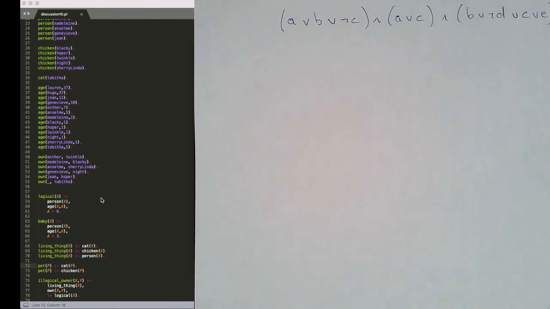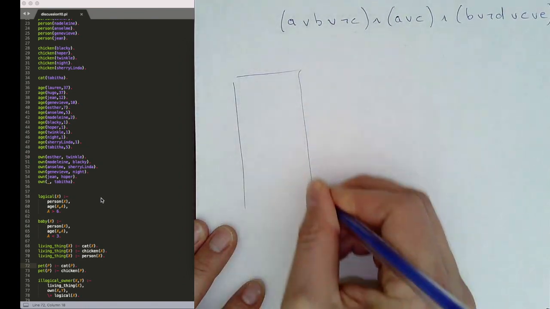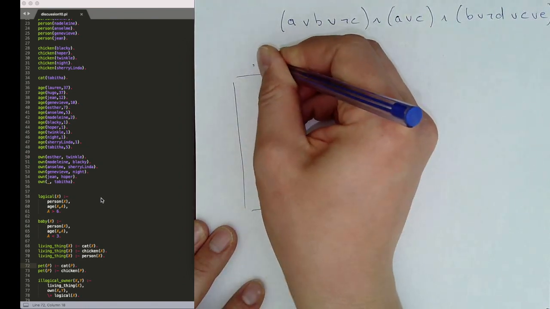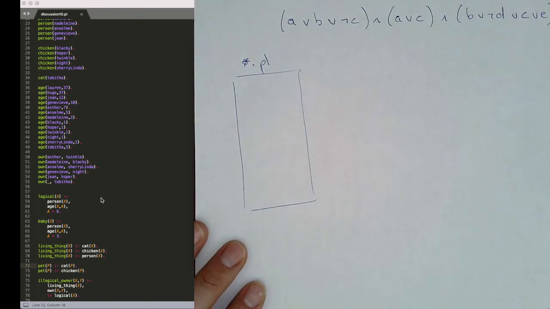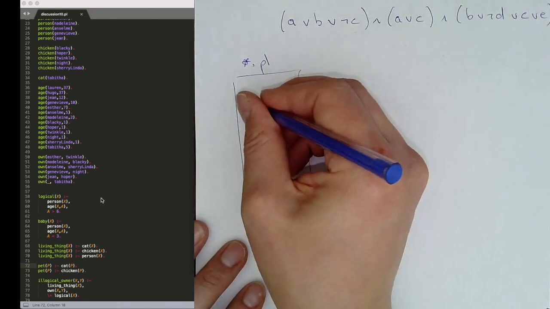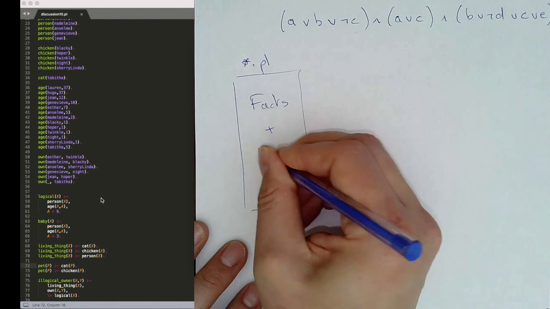So Prolog basically consists in a program, right? You have a .pl file, and this file is composed of, you will notice, a series of facts and rules.